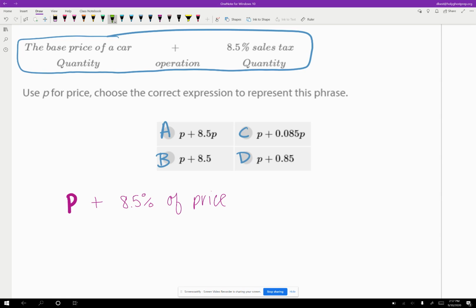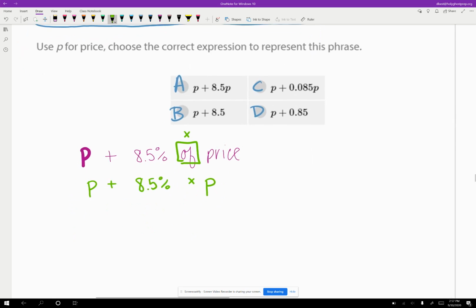And if you didn't know this before, of is usually a symbol of multiplication, which means I have to do the 8.5% times P, the price. So I've got the price plus the tax times the price.